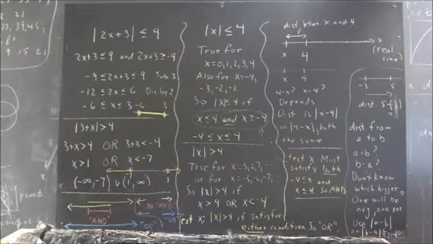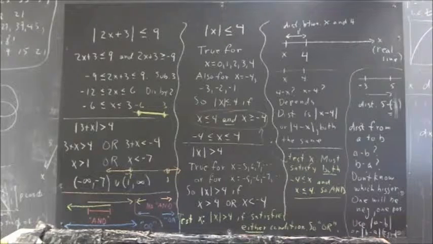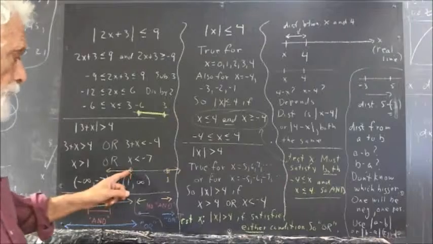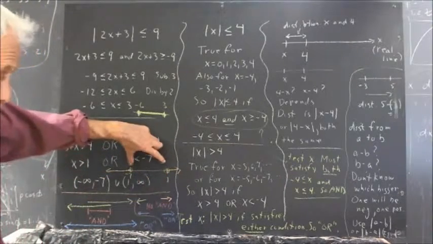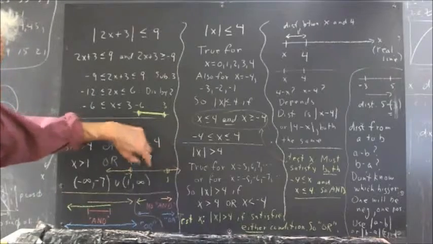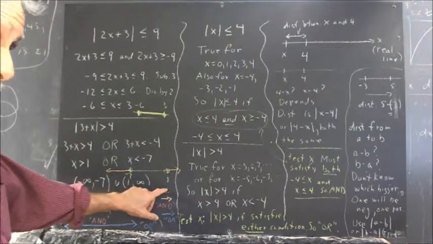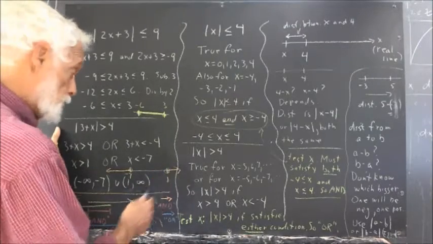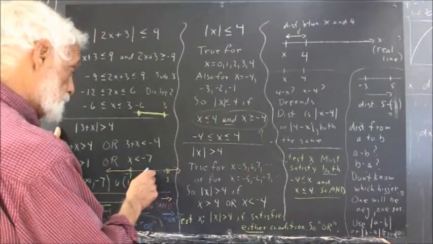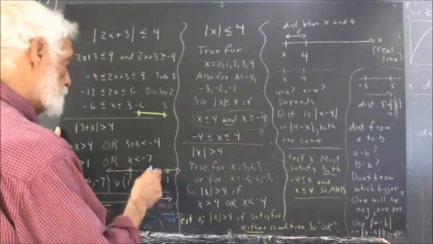Now this anticipates something we're going to talk about very shortly. What number is in the middle of this missing interval here? What number is halfway between negative 7 and 1? Well, you can use a formula or you can just reason it out. It's pretty easy to see that it's going to be 3.